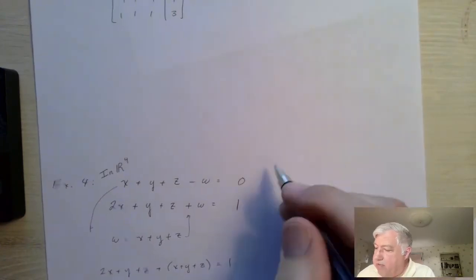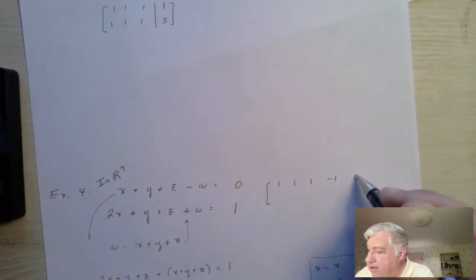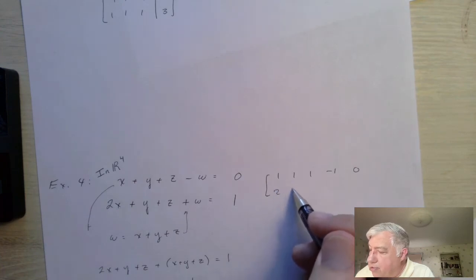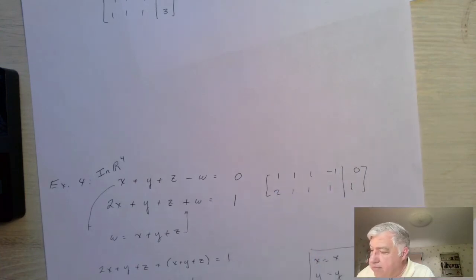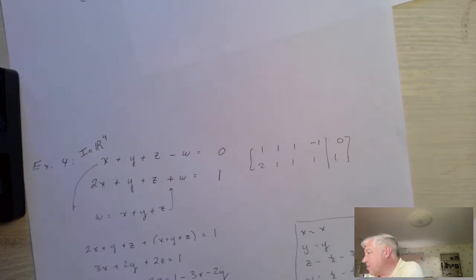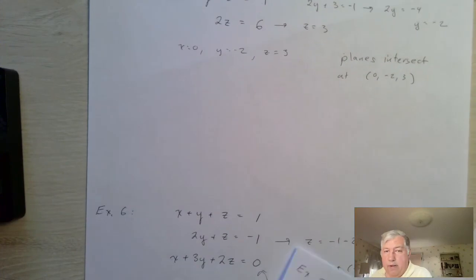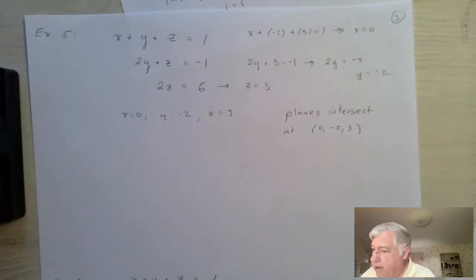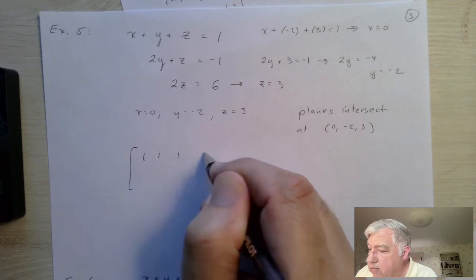For example 4, the augmented matrix would be 1, 1, 1, negative 1, 0, and then 2, 1, 1, 1, 1. And then here, the augmented matrix would be 1, 1, 1, 1.